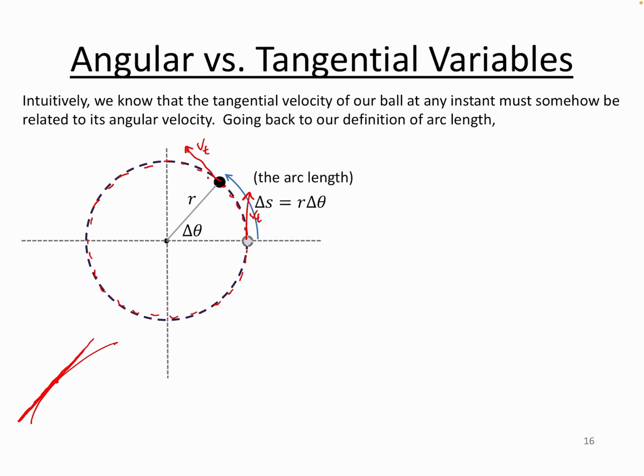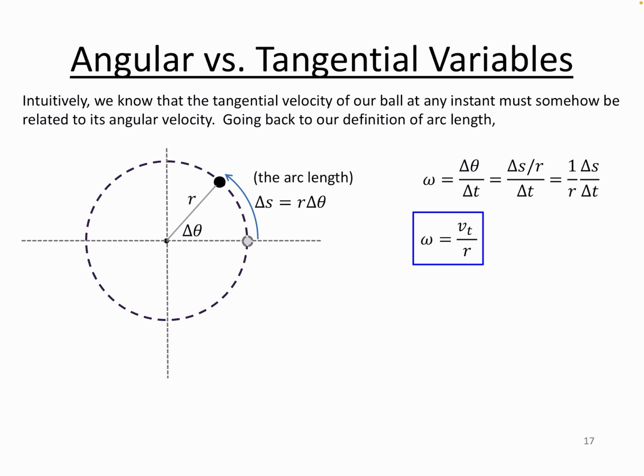As far as connecting the angular velocity to the tangential velocity directly, we have a way to do that. If we take the definition of angular velocity, technically average angular velocity, we write out its definition: angular displacement over some period of time.